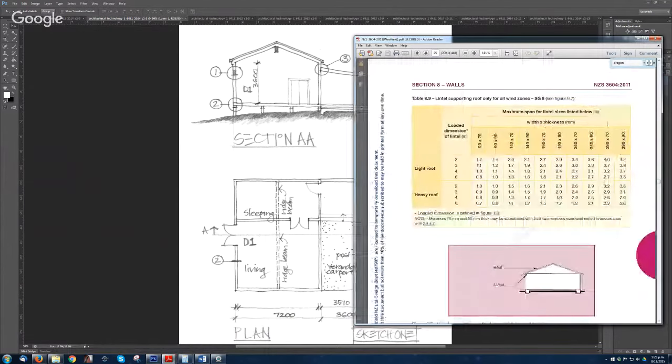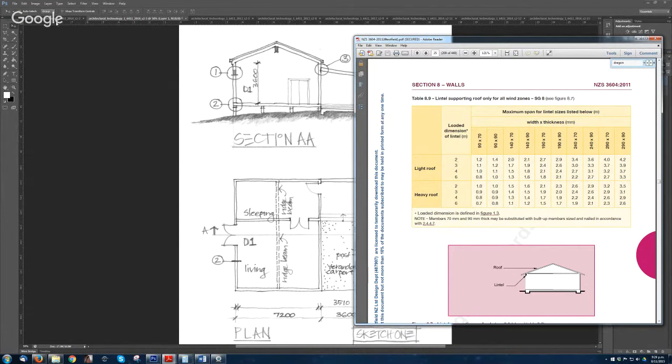So that's the table. And it's for all wind zones, so it's okay. And it's a light roof because it's corrugated steel. And the loaded dimension on this one is half again, so it's 1.8. So you can take the 2 meters.